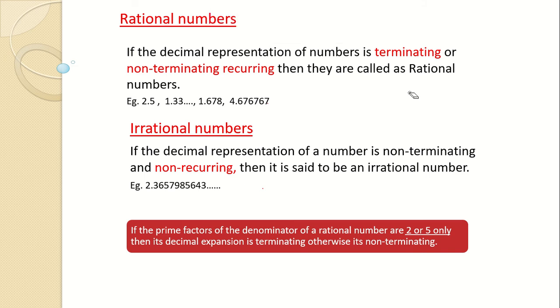Now, this one property that we are going to learn is very important and it's going to help you in solving the next practice set, that is practice set 2.1. If the prime factors of the denominator of a rational number are 2 or 5 only, then its decimal expansion is terminating, otherwise it's non-terminating.